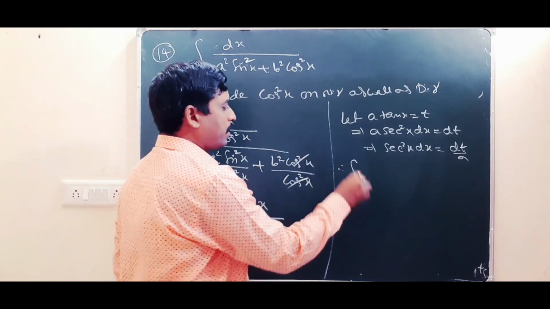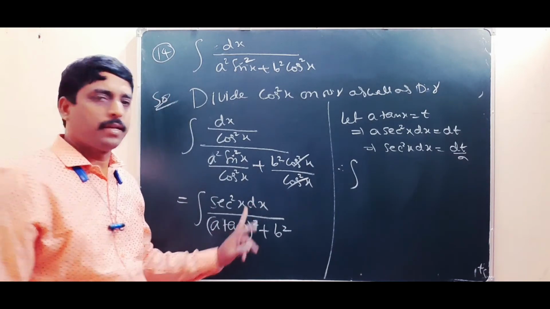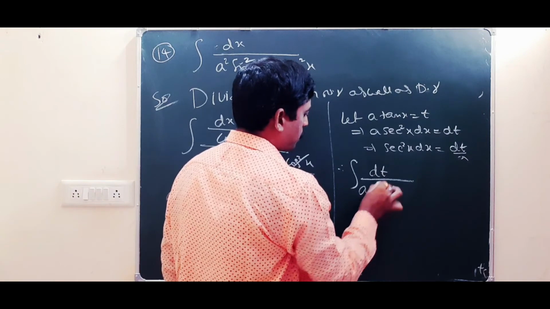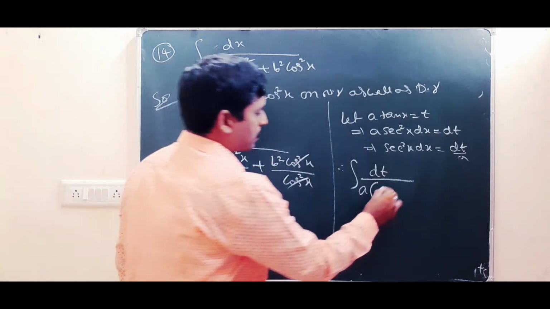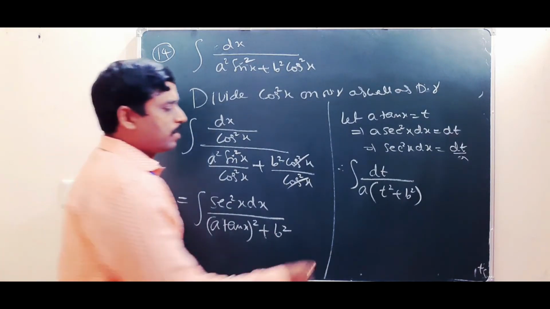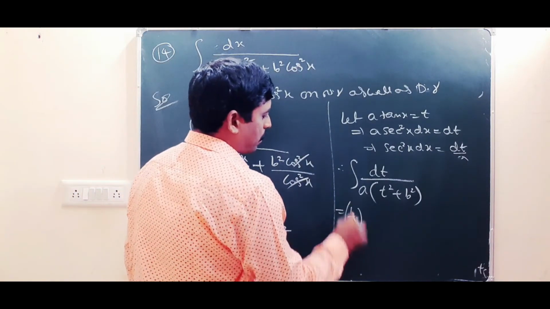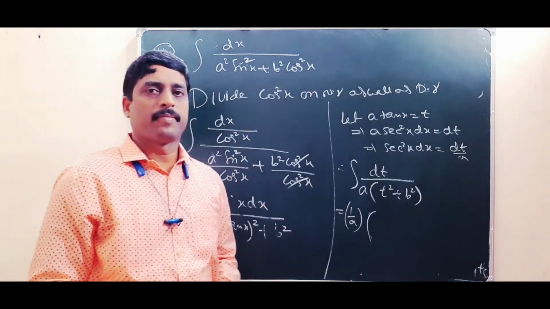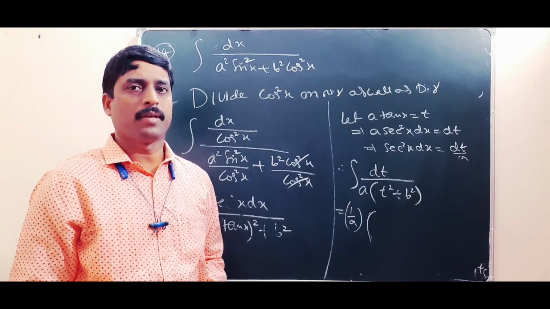Therefore integral secant square x dx, we should write dt by a times t square plus b square. Here 1 by a is a constant. We have one formula, integral dt by t square plus b square is 1 by b tan inverse of t by b.